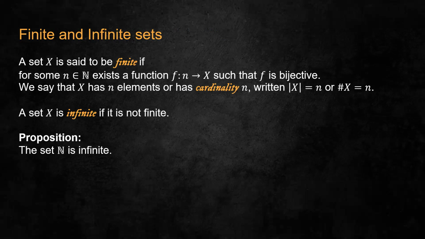There are two ways of writing it, either with the cardinal or with two vertical bars. I prefer the two vertical bars. That's what I'm going to use. And a set is infinite if it is not finite. I'm not going to prove it, but you can do it in the camp as an exercise if you want, that the natural numbers are actually infinite.